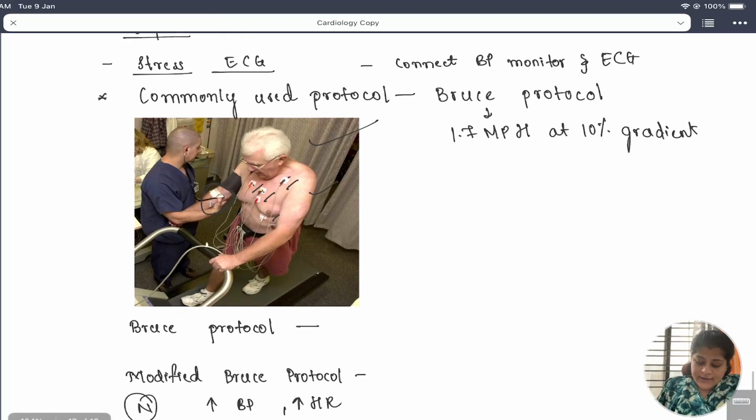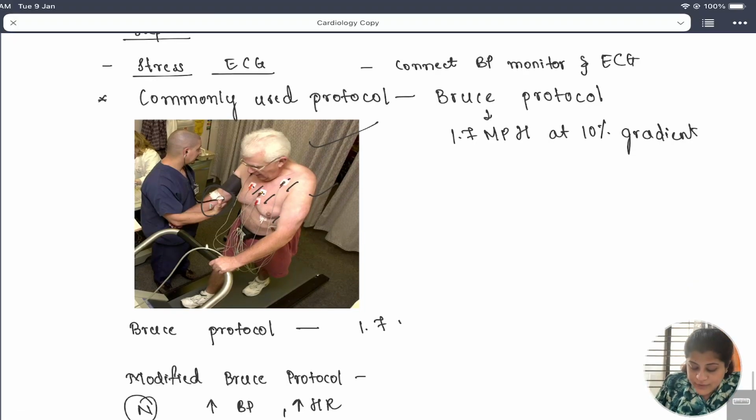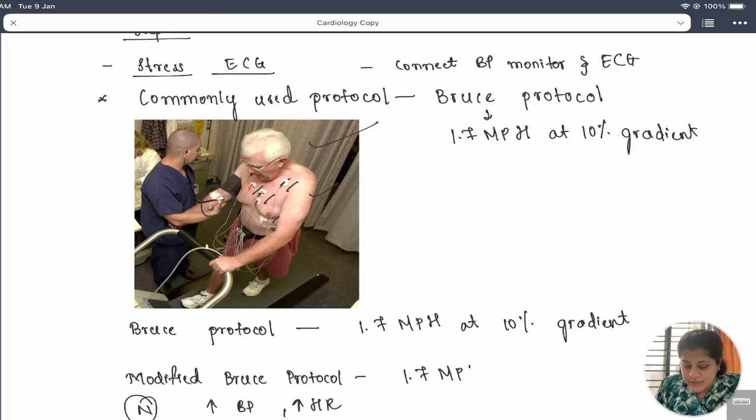This is called the modified Bruce protocol. So the Bruce protocol was 1.7 miles per hour at 10% gradient, whereas if the patient is elderly or unable to exercise a lot, you can start with the modified Bruce protocol: 1.7 miles per hour at 0 gradient.